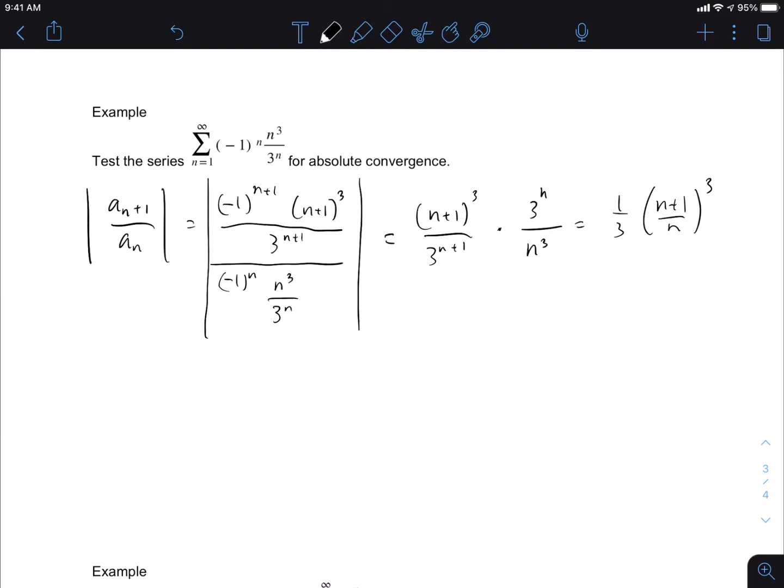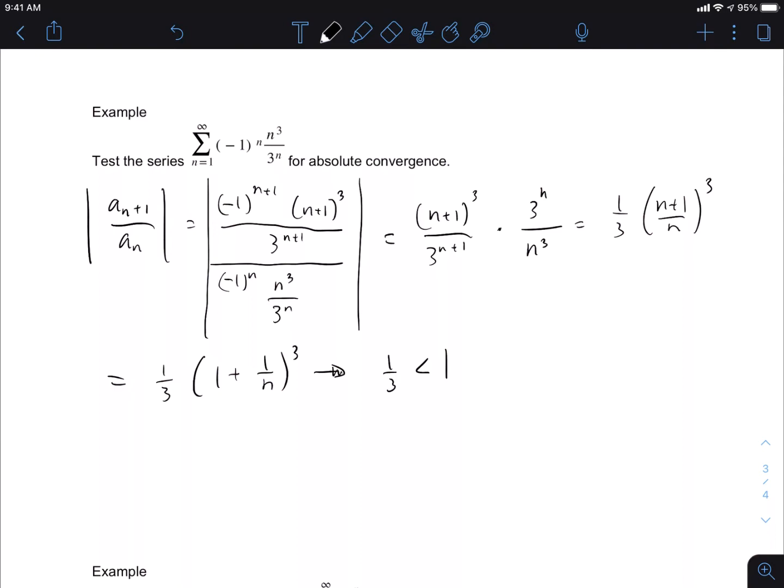And this can actually be cleaned up even further. So it's going to be 1/3 times 1 plus 1 over n, to the third, which we know that as we take the limit of this thing, we're going to get a value of 1/3, and that's less than 1, right?